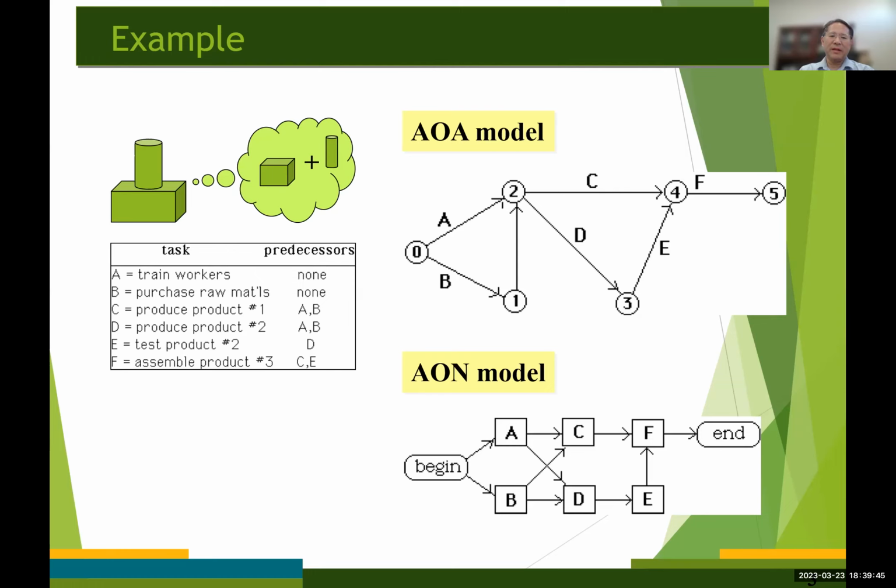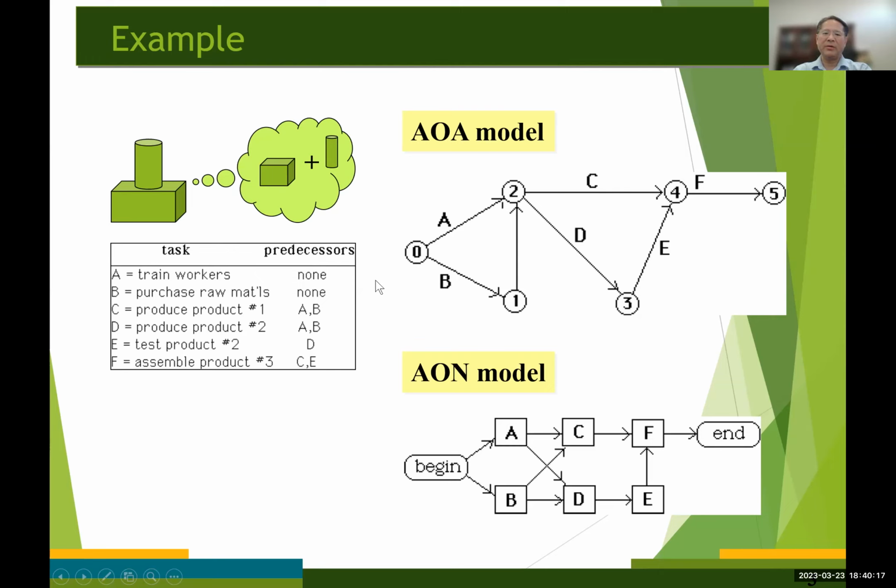So given a list of activities and their predecessors, and I didn't include the duration of each activity in this small example, but usually we also include the duration of each activity. If we draw a network diagram, then for this simple example, the AOA model would be like this, and the AON model would be like this.